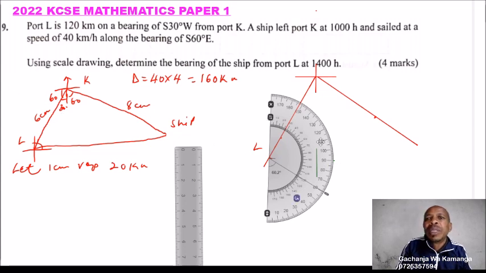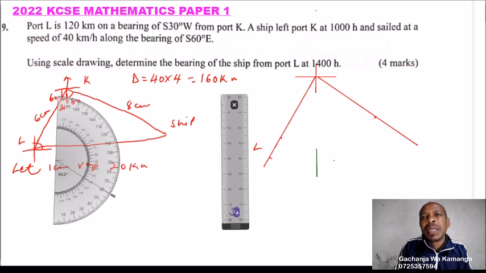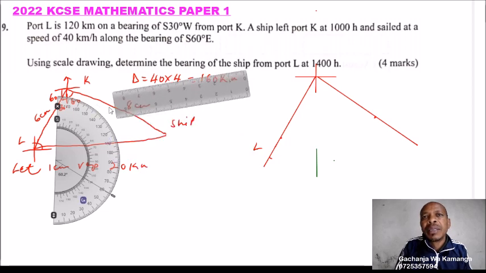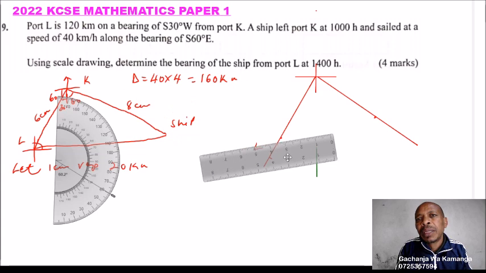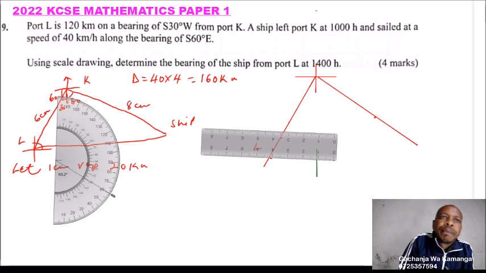Once you get that, then you should be able to get another horizontal line. So you come and get your ruler there. You come and use that point and hope you'll be able to get a good line there.